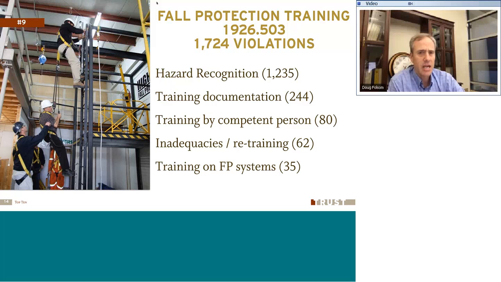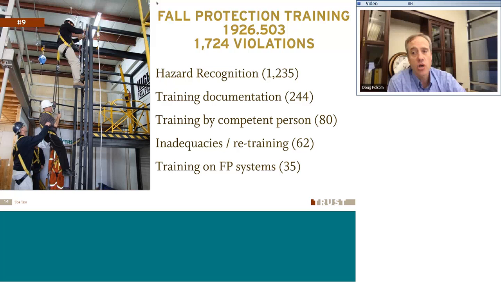So that is, I think, our #9 cause of OSHA citations: not having an appropriate training program associated with your fall protection program. That means training your employees on recognizing fall hazards, where there are requirements for specific types of PPE or fall protection or fall arrest systems, so our employees need to be able to recognize those hazards.